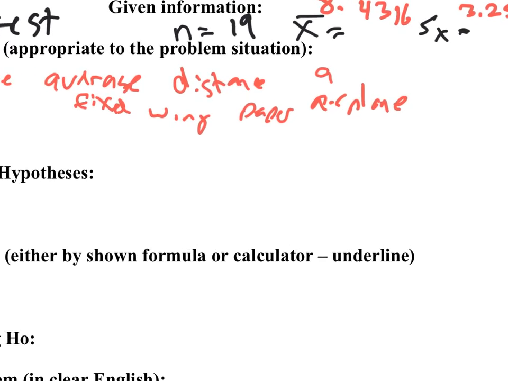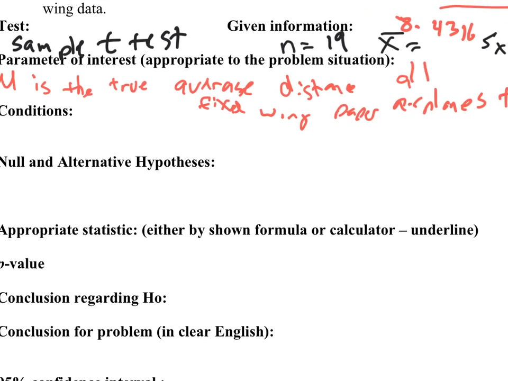It's not really a fixed wing; it's a true average distance that all fixed wing paper airplanes travel. It's the true average of all the paper airplanes.